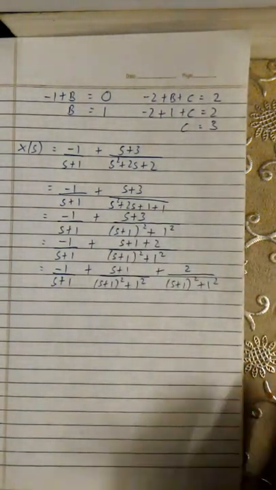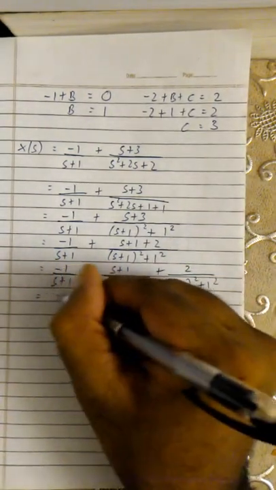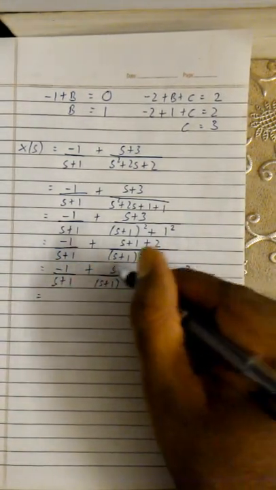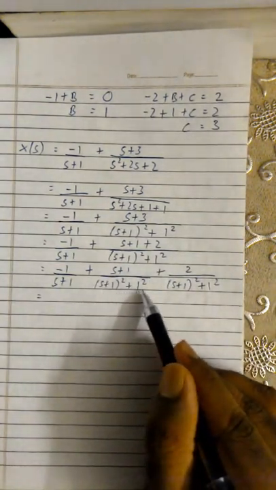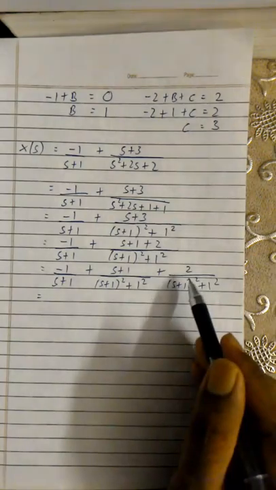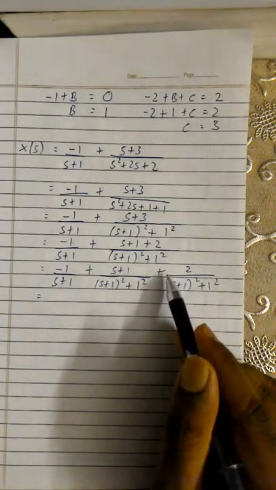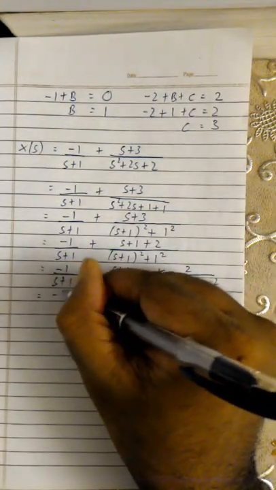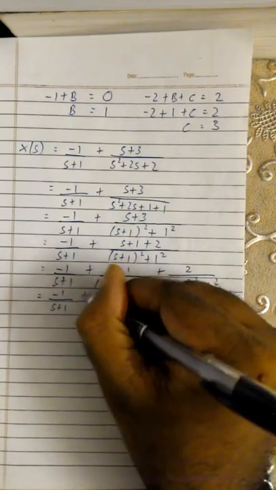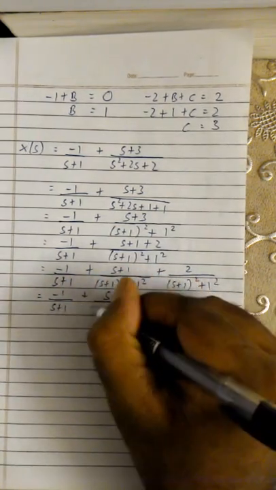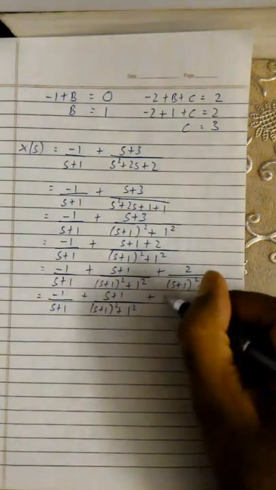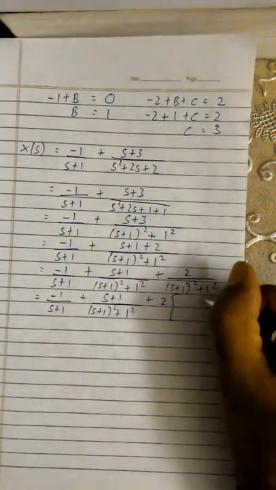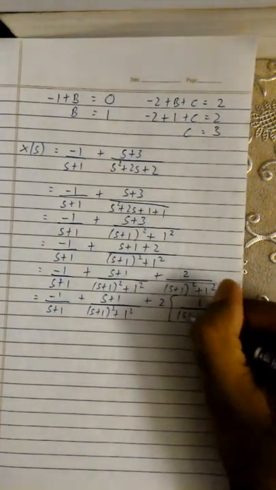So this is nothing but s plus a by s plus a the whole square plus ohm 0 square, right? And here if I take 2 common out, it will become 1 by s plus 1 the whole square plus 1 the whole square.